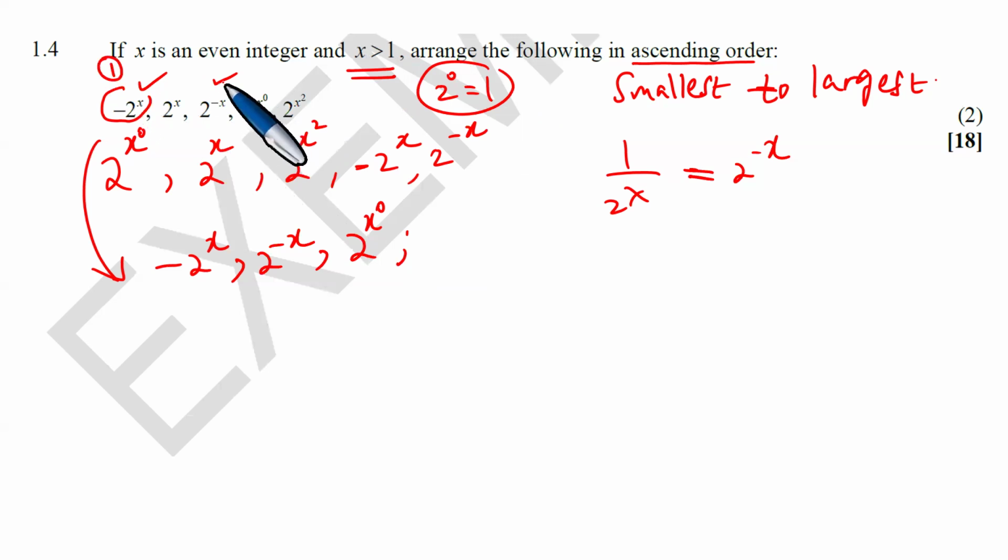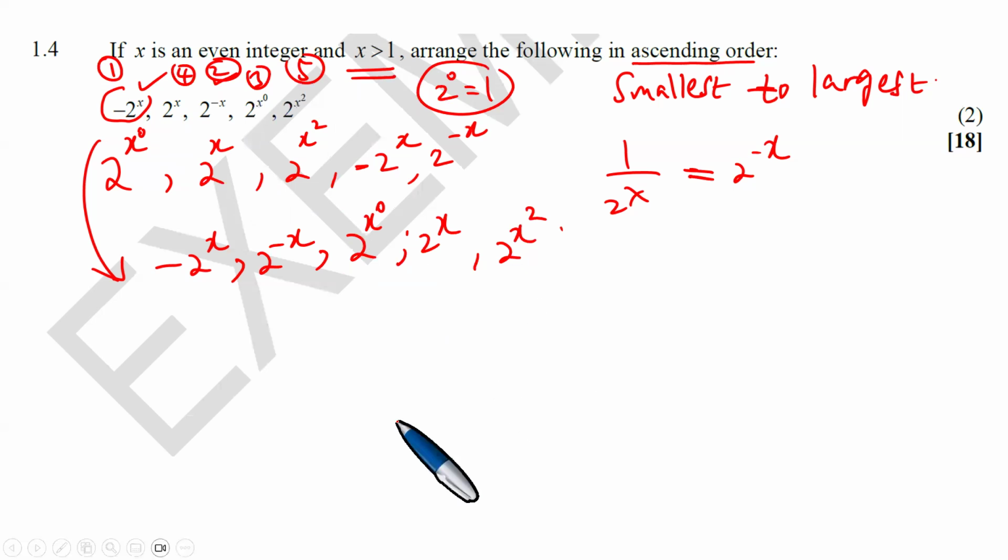In other words, you're going to start with this one as the first one. Then we have the second one, the third, the fourth, the fifth position.